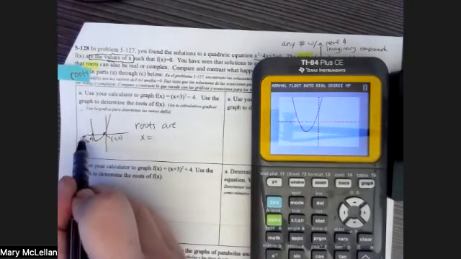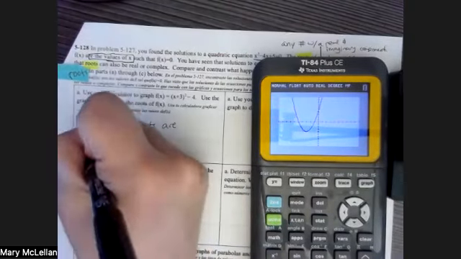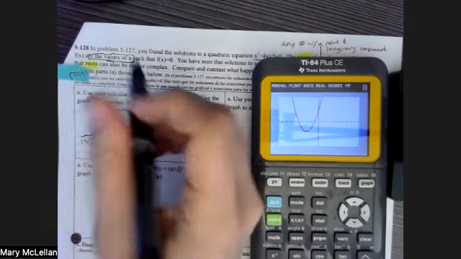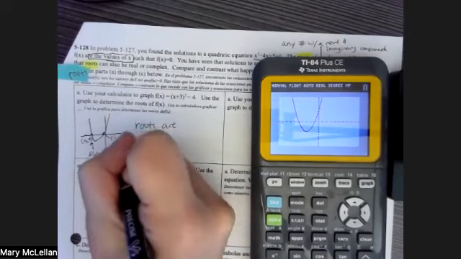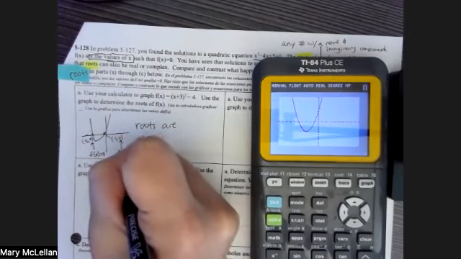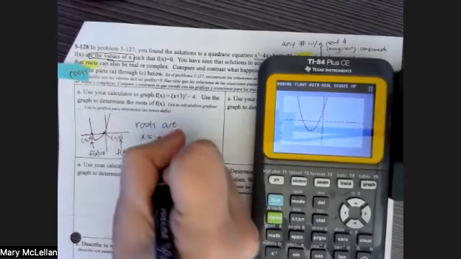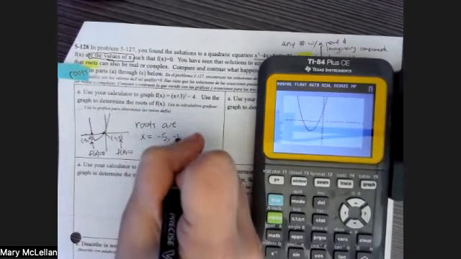Now when I'm on my x-axis, f of x is 0. So f of x equals 0 when x is -5. And f of x equals 0 when x is -1. My answers are -5 and -1.